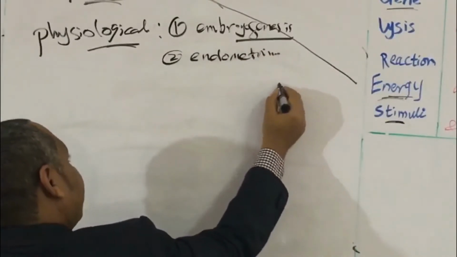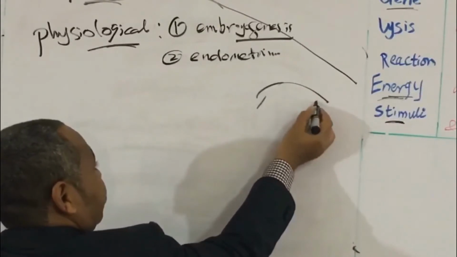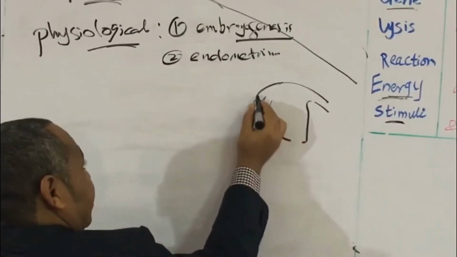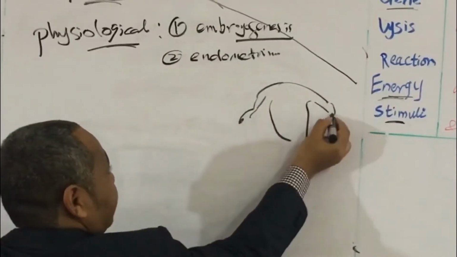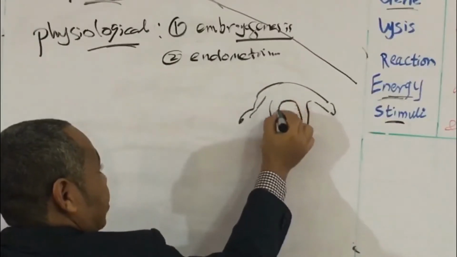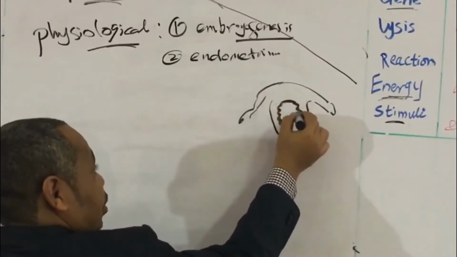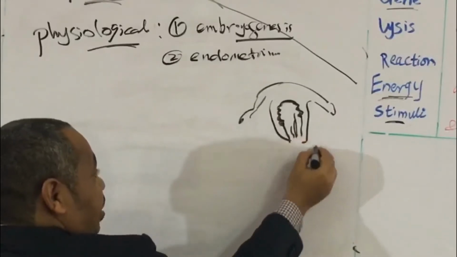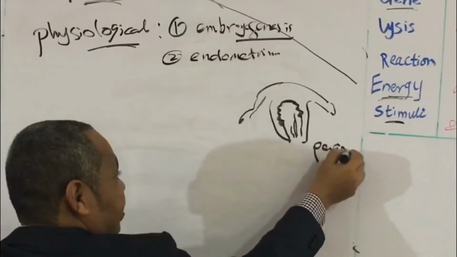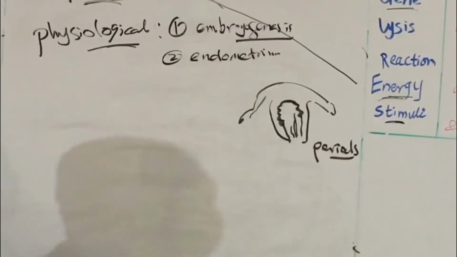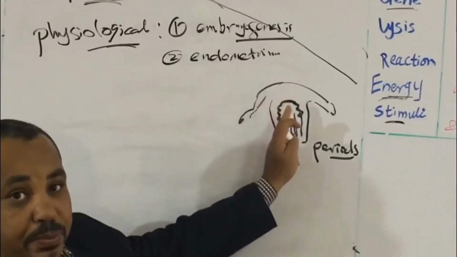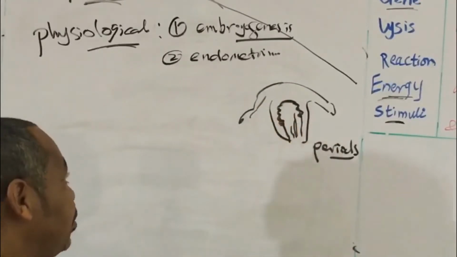For example, let us say this is an endometrium here, if my drawing is good. So this is the endometrium. Shedding of this endometrium in the periods in females, the menses, is also by the apoptotic pathway which takes place in this tissue.